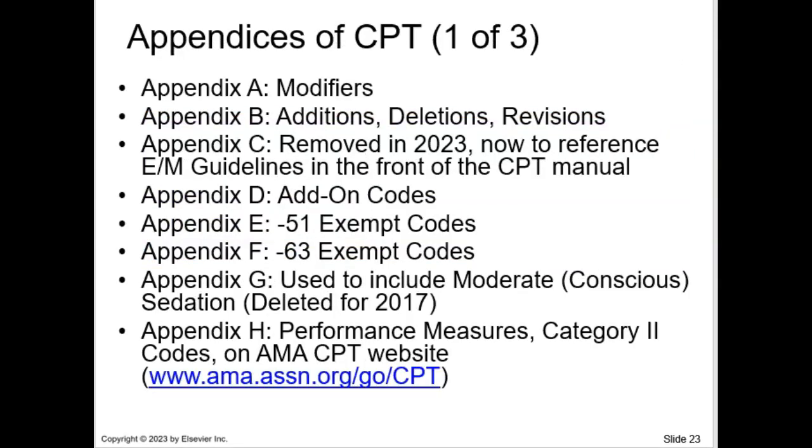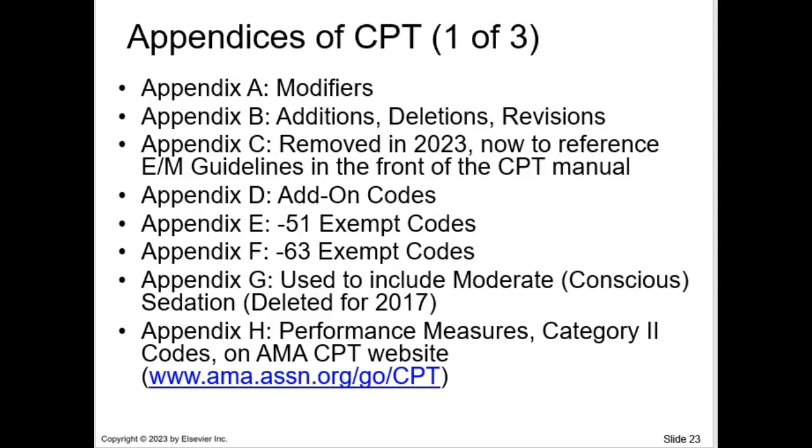Okay, this is really important here, your appendixes of CPT. A is probably the most important, or you'll use the most, is the modifiers. They're 2 digits. Appendix B is very good to look to see what's new, what they deleted, and what they revised. Appendix C, what was removed from 2023 or 2022 or anything like that. Appendix D is add-on codes.